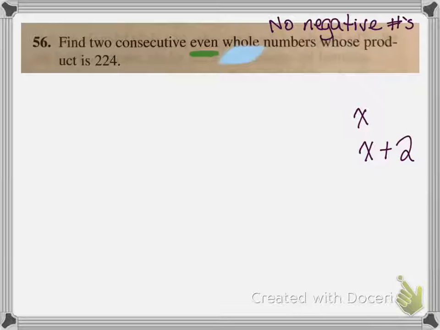So, what does the word product mean? Multiply. So what I'm doing is I am multiplying x times x plus 2. And when I multiply those two numbers together, what do I get? 224.